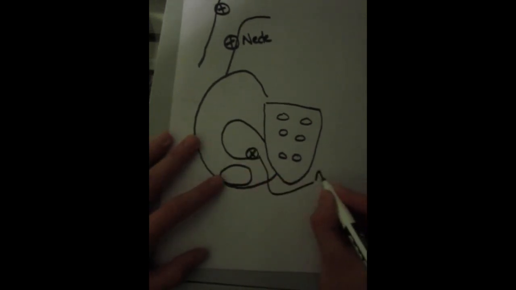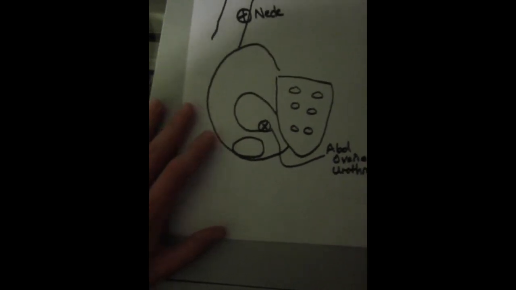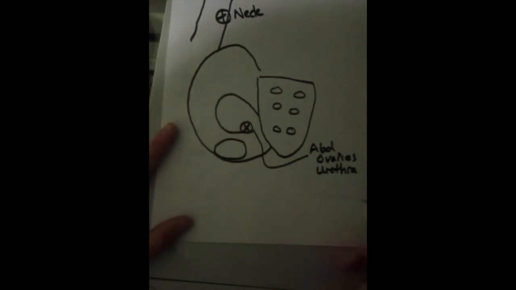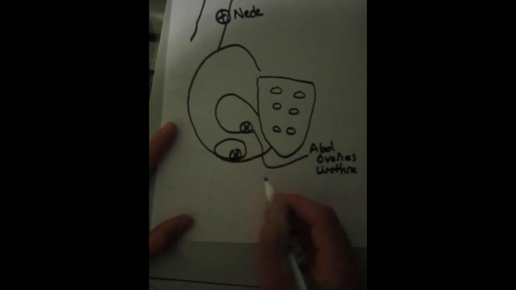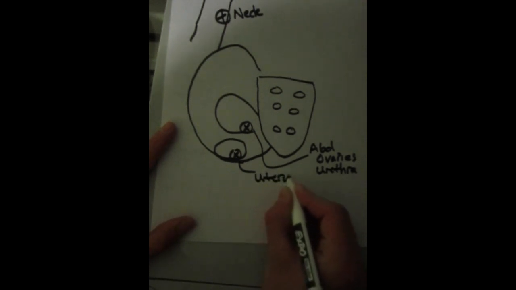That's going to be the abdomen, ovaries, and the urethra. So kind of a grab bag of points right along the superior aspect of that ischial bone. Down here on the inferior aspect of the ischial ring is going to be the uterus.